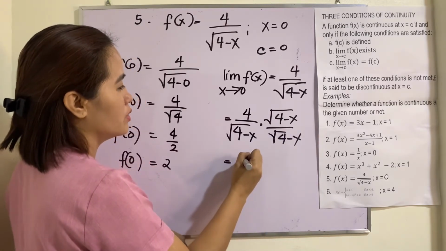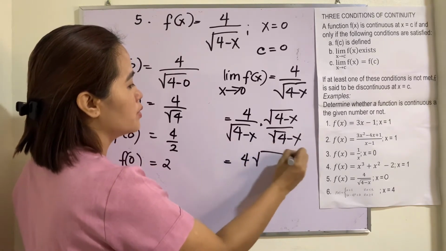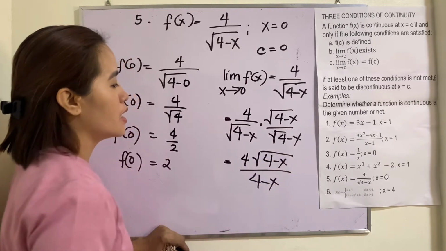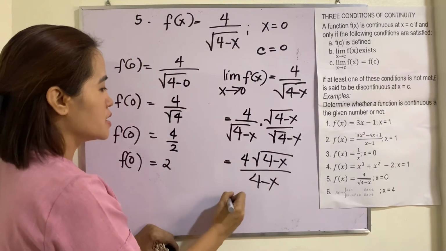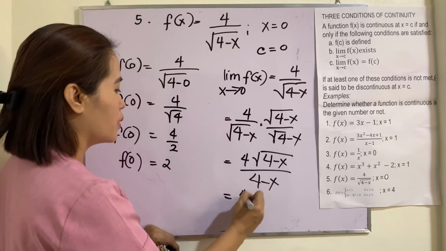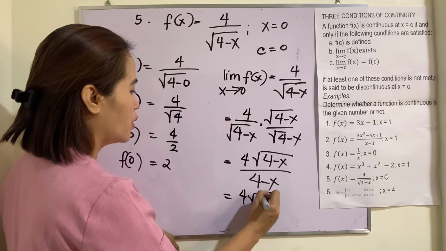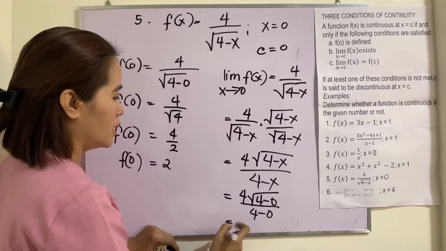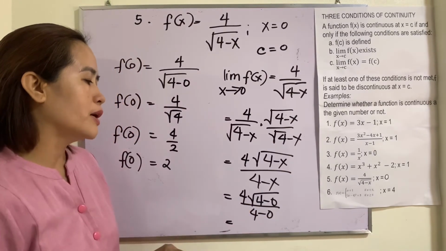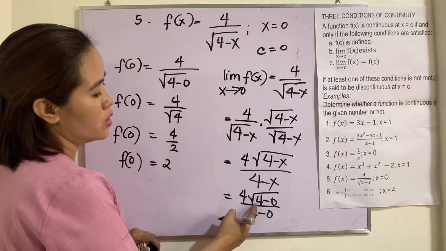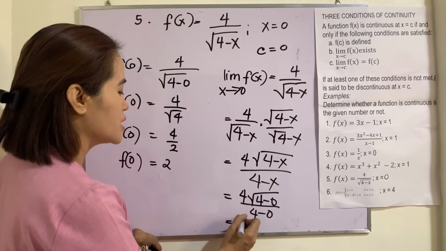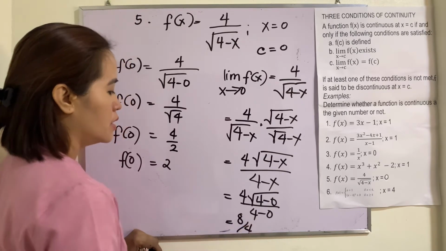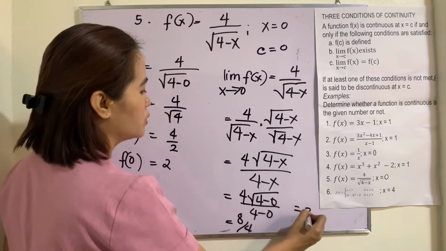So this is equivalent to 4 square root of 4 minus x over 4 minus x. Now, we replace all x's by 0. So this is 4 square root of 4 minus 0 over 4 minus 0. Square root of 4 is 2, times 4 is 8. 4 minus 0 is 4. So therefore this one is equal to 2.